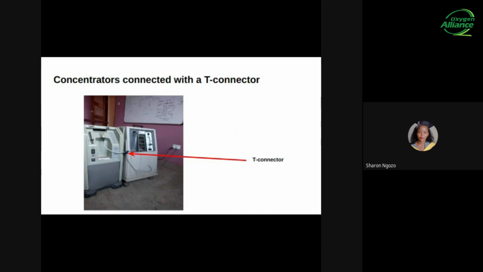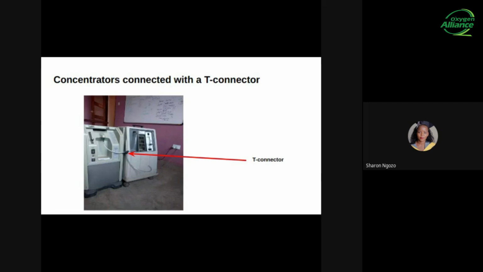You can combine two 5-liter concentrators, then connect the patient output with a T connector. From this, you can get a flow of more than 5 liters. Then you just adjust the two concentrators to the flow that you need and connect it to the patient. As you can see on the graphics, we have two concentrators that are joined by a T connector.